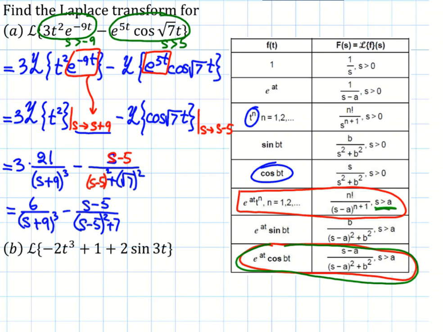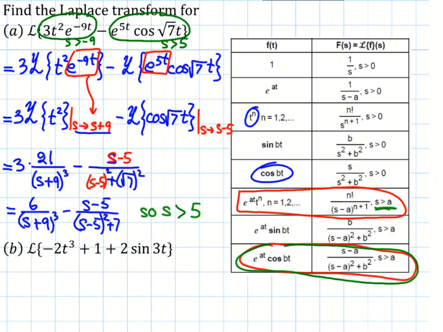So we have s greater than -9 and s greater than 5. Put them together, s has to be greater than 5, because if s is greater than 5, it certainly will be greater than -9. So we have to choose the bigger value to accommodate both of them.